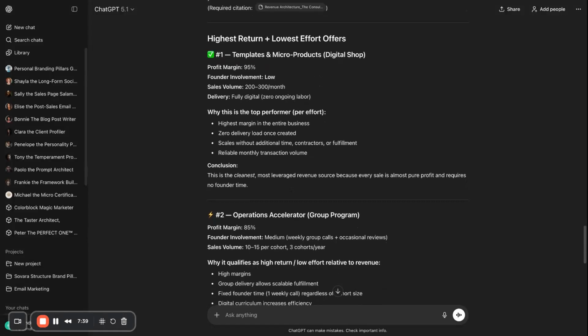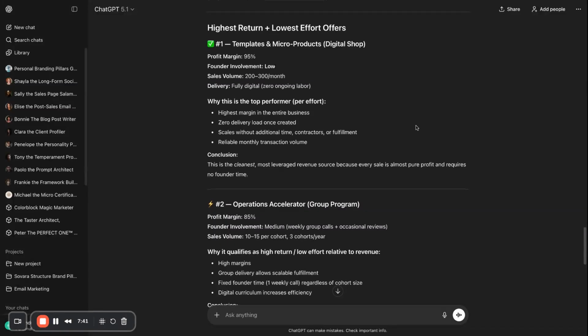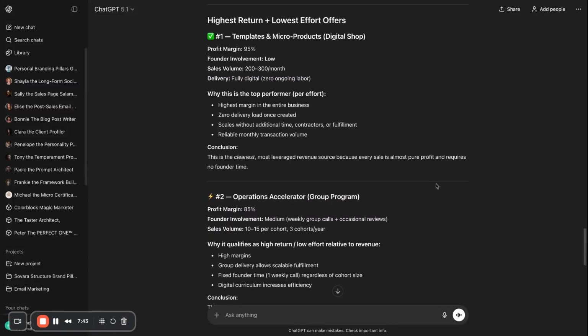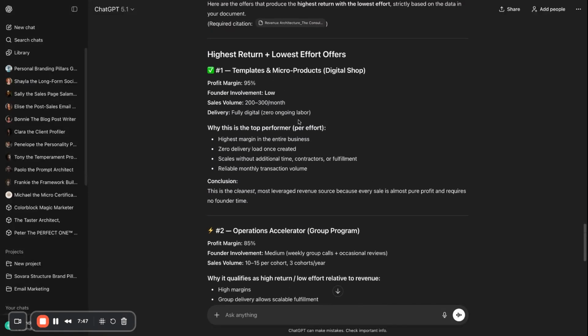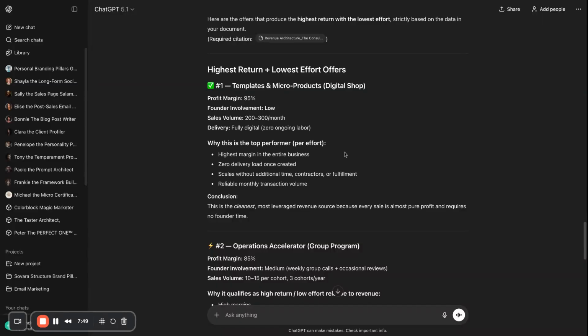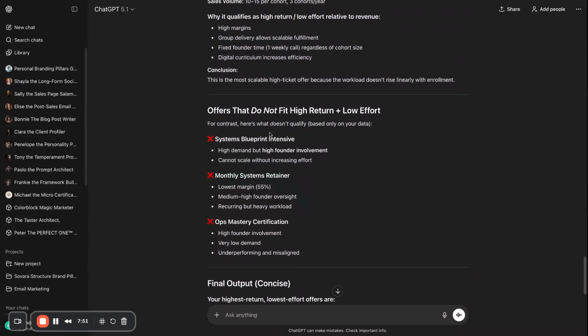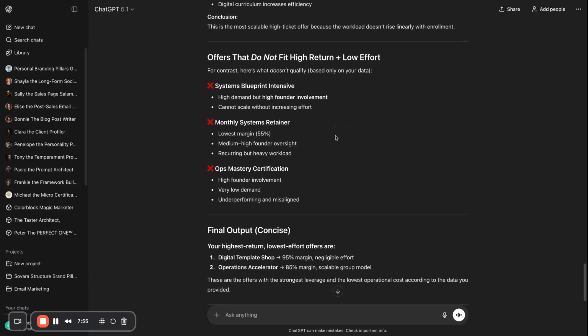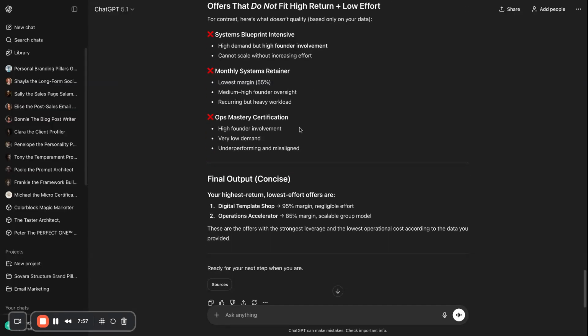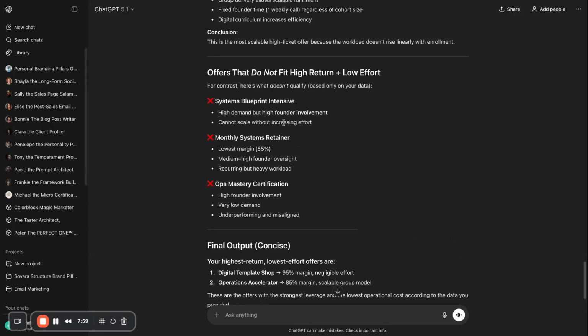And so now it's breaking it down and saying, okay, highest return, lowest effort offers. So the templates and the operations accelerator. Okay. So it says these two are the best, the highest return, lowest effort. Offers that do not fit: the systems blueprint intensive, the monthly systems retainer, and the certification. So it's telling me they don't fit.